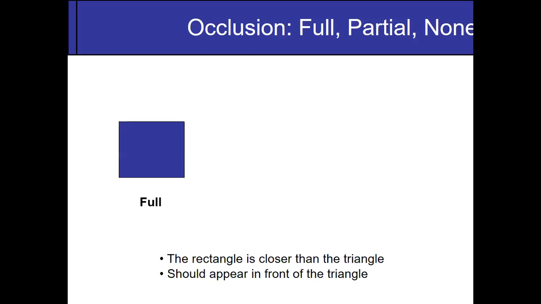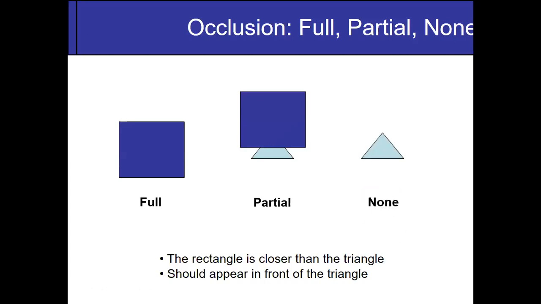Hidden surface removal means just hiding the entire triangle surface. This is called full occlusion. Second, there is a triangle and another one which partially covers it, so you need to hide the upper portion of this triangle. Third, there is this triangle and one more square with no overlap, so there is no hidden surface and the entire thing is completely visible.